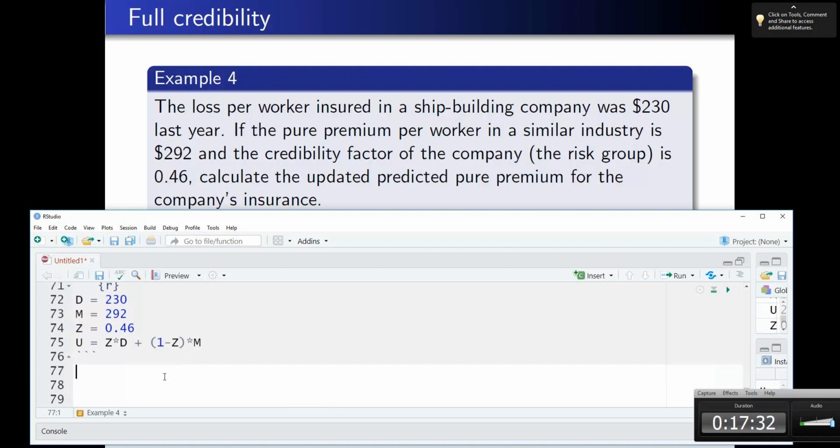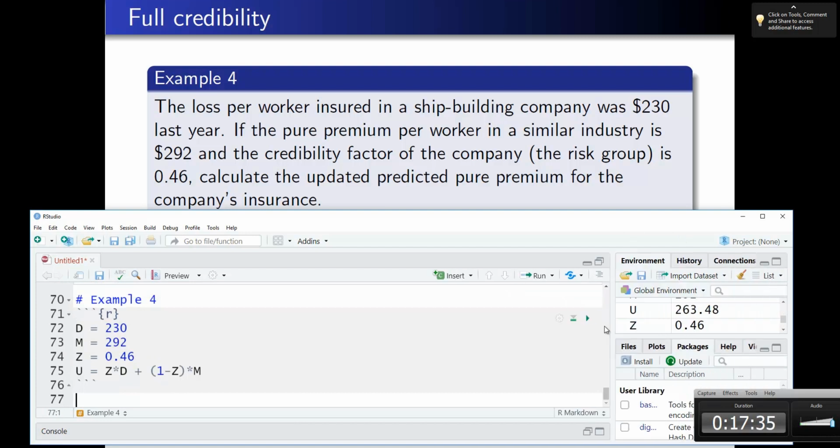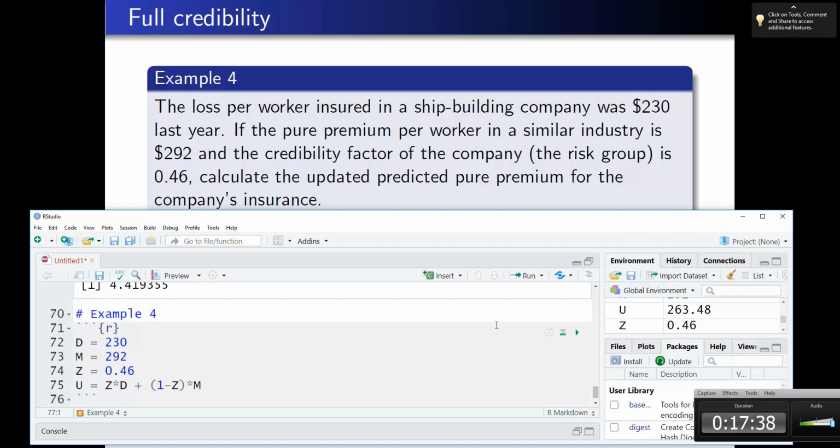So what we'll have in the end? In the end, we will have U of $263.48. So next year the company will charge this amount of premium instead of 230.